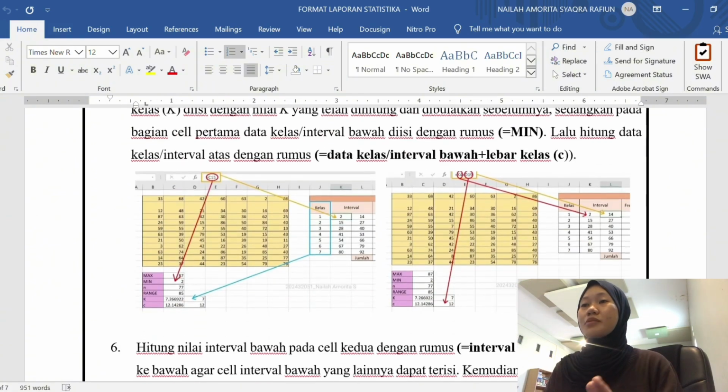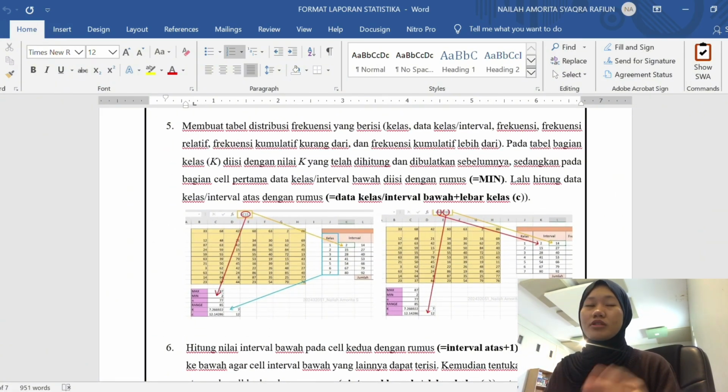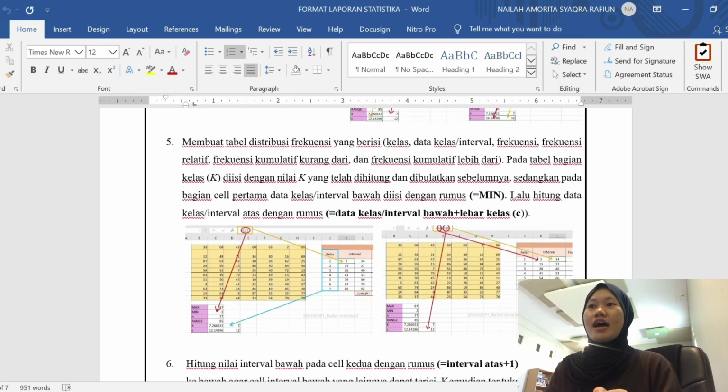After the data has been processed, continue by creating a frequency distribution table containing class, interval, class frequency, relative frequency, cumulative frequency less than, and cumulative frequency more than.